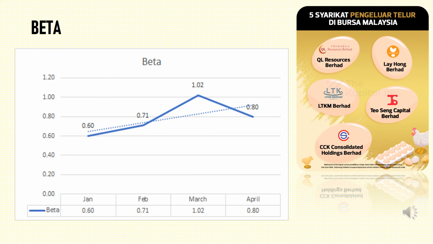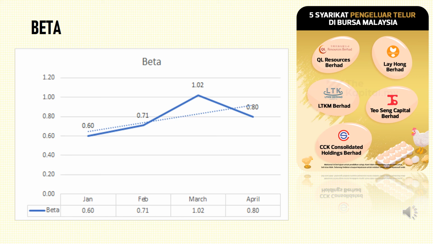For the beta of Tiosan Capital, only March got above 1.0, which is 1.02. The rest, January, February, and April, all got numbers below 1.0: January 0.6, February 0.71, and April 0.8.